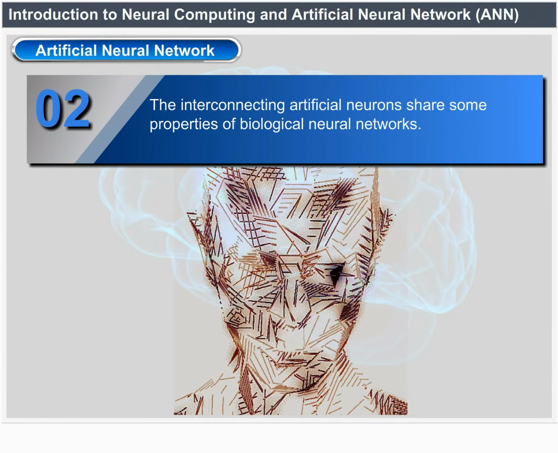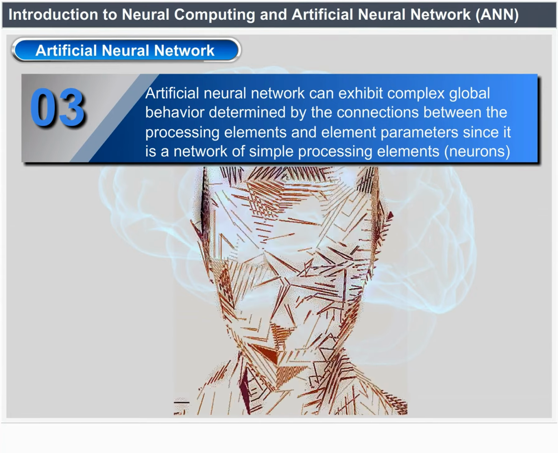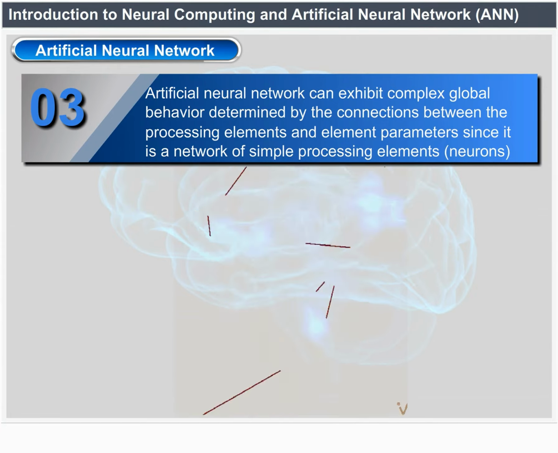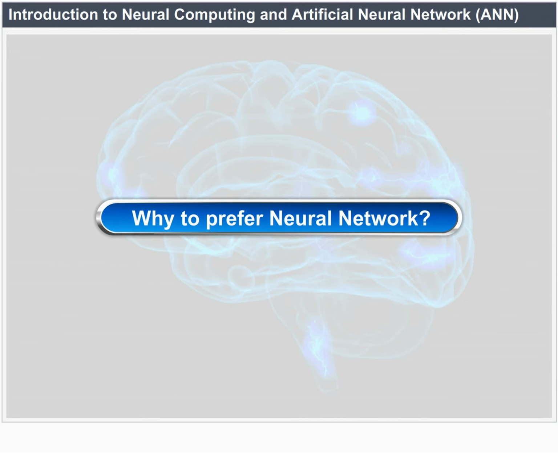An artificial neural network is a network of simple processing elements, neurons, which can exhibit complex global behavior determined by the connections between the processing elements and element parameters. An artificial neural network is an adaptive system that changes its structure based on external or internal information that flows through the network.